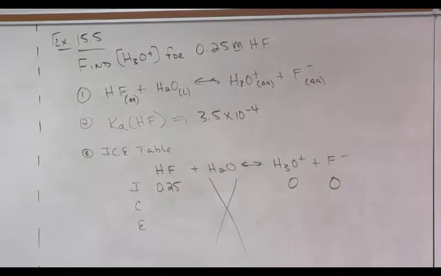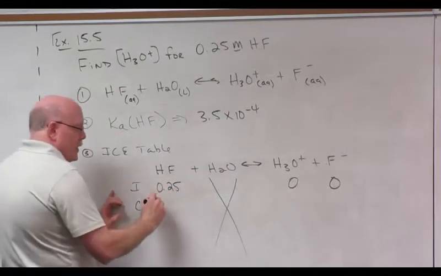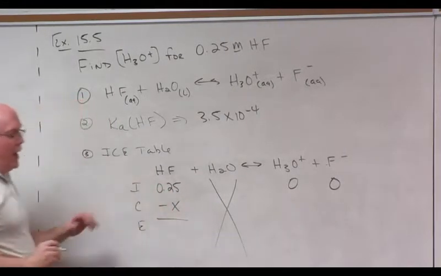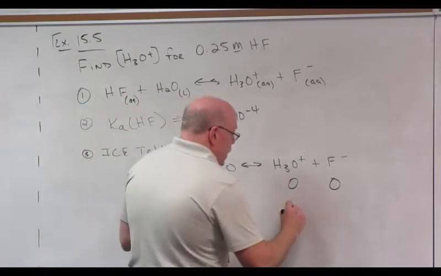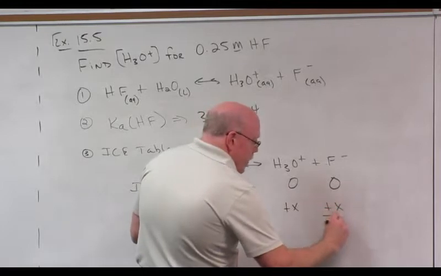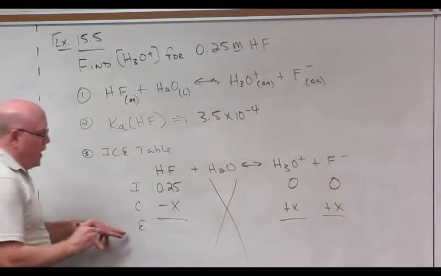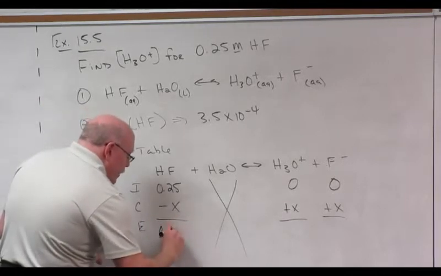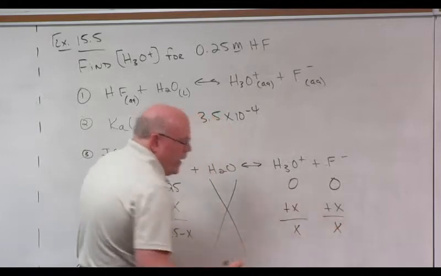So everything else here becomes X. This, because it's on the reactant side, is going to lose some amount of the material. These two are going to gain some amount. We can write our equilibrium amounts: 0.25 minus X, X, X.